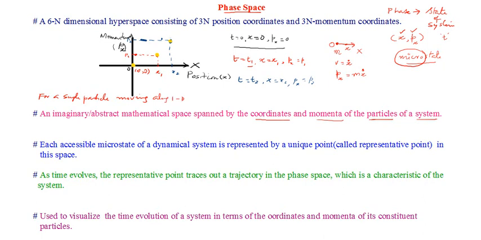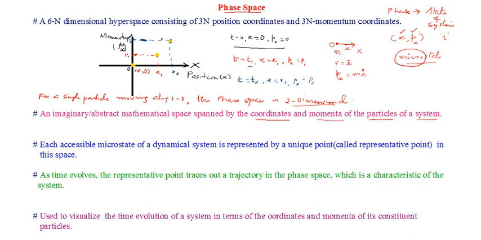Okay, the phase space is two-dimensional. Let me explain what is the meaning of two-dimensional. Because the phase space should have minimum one coordinate and its corresponding momentum.